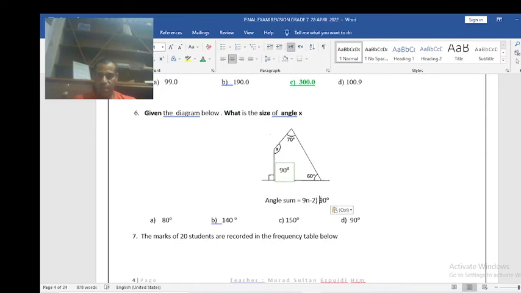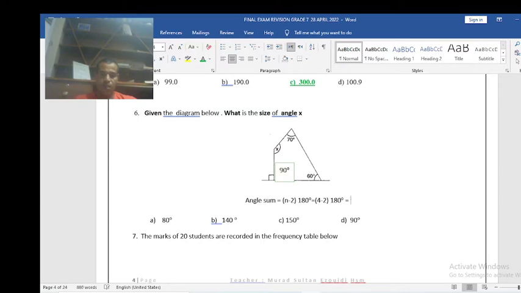Here n is the number of sides. This is a polygon, it has 4 sides, so n is equal to 4. So this is equal to 4 minus 2, which is 2, multiplied by 180.